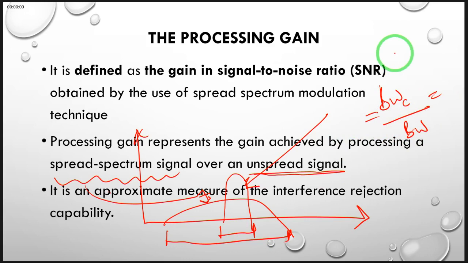So we say that it is an approximate measure of the interference rejection capability. The bigger the gain, the better the spread signal is able to reject the interference that may be introduced when the signal is transmitted through the channel.